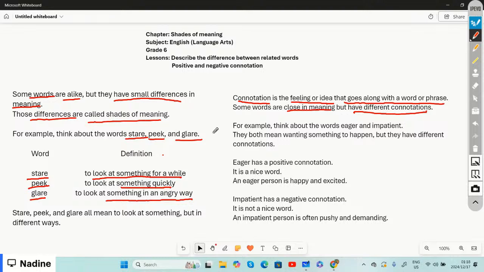And if we look at an example of connotation, if we look at the word eager and the word impatient, eager and impatient. If you look at both of these words, you are eager for something. You're so impatient that you want it now.